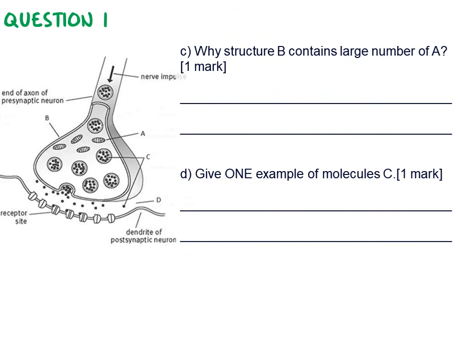Question 1C. Why structure B contains large number of A? A just now is mitochondrion. So mitochondrion function to produce ATP or synthesis ATP. But because it's located in presynaptic knob, so this ATP used for what? To synthesis neurotransmitter. Okay, so one mark, only one answer.